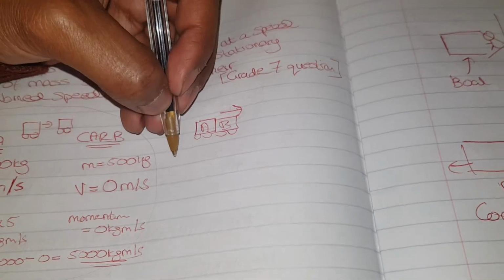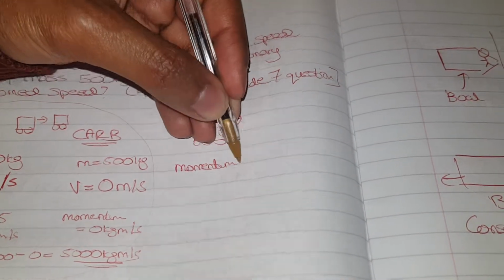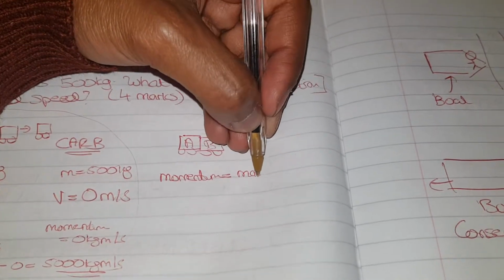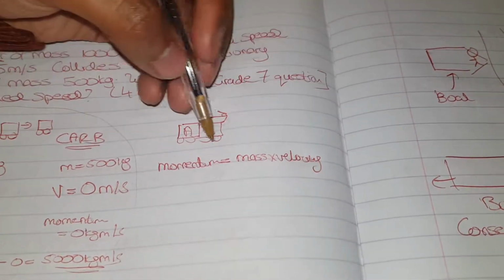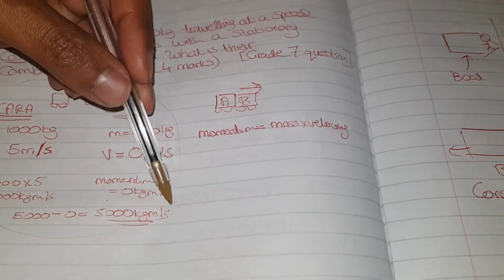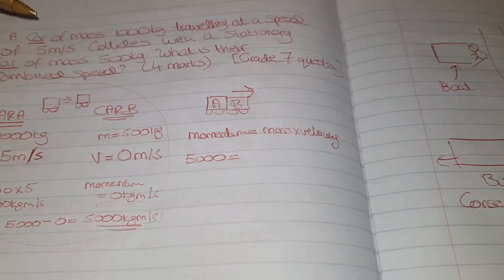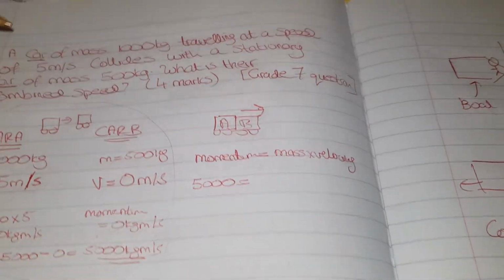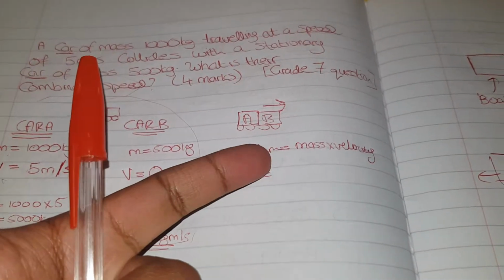Now, if we look at the formula, momentum is equal to mass times velocity. What's the combined momentum of both cars together? 5,000. What's the combined mass? Because when you want combined speed, you need combined momentum and combined mass.